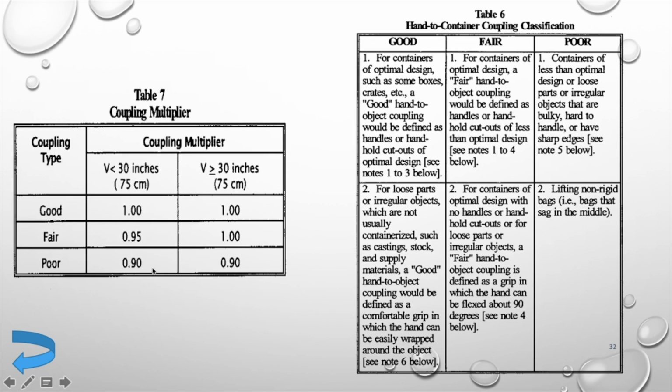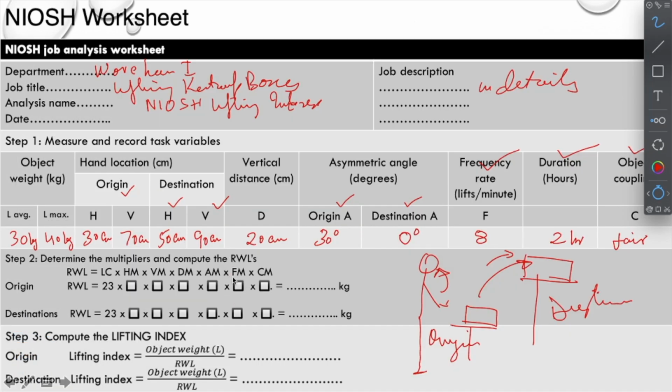Then coupling, if it is fair, is 0.95. So these multipliers are 0.35 and 0.95. And the others we have to calculate as per HM equals 25 by H.